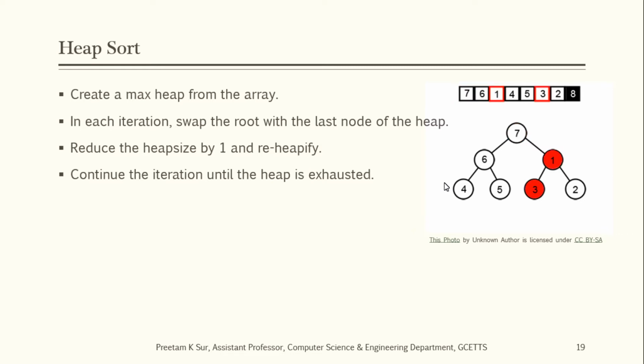You can see the reheapify process continuing, which is rearranging the other elements so that the heap is restored. In this way it will continue, and eventually you can see that the last two elements have been put in position, right?